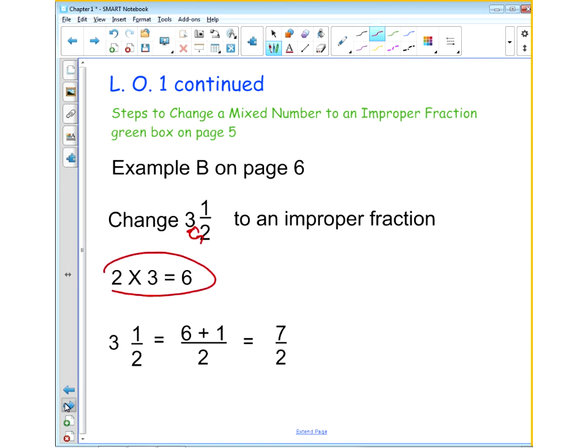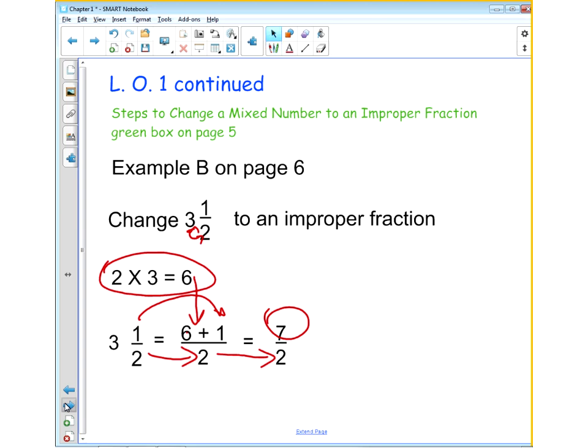I'll multiply those together, and I'll get 6. Step 2, add the numerator of the fraction part to the product in step 1. So 6 plus 1 gives me 7. And you can see my denominator doesn't change, it stays the same. So 3½ changed to an improper fraction is 7/2.